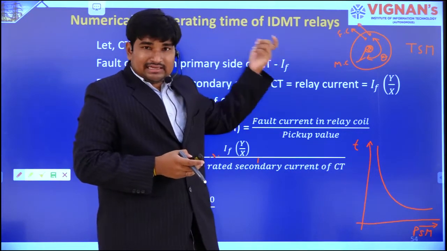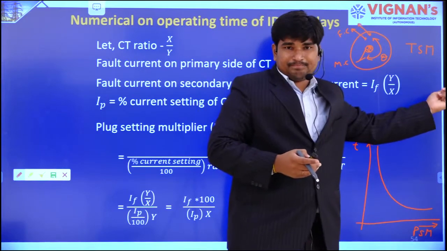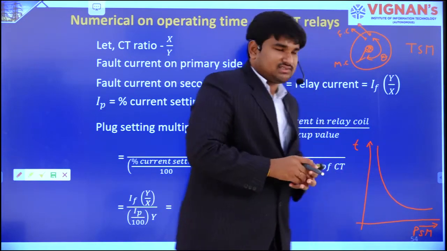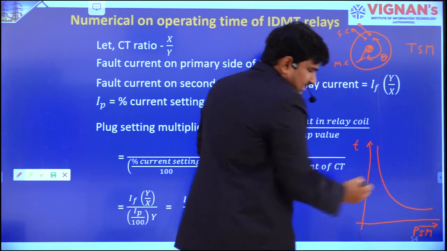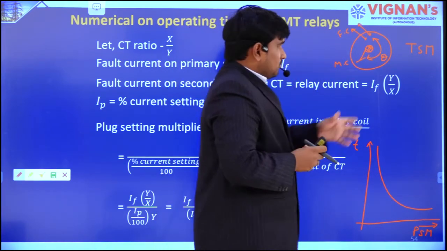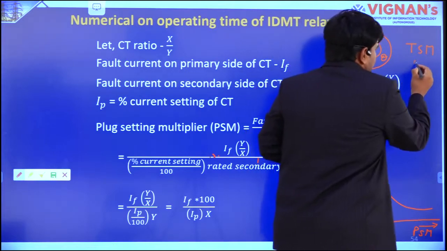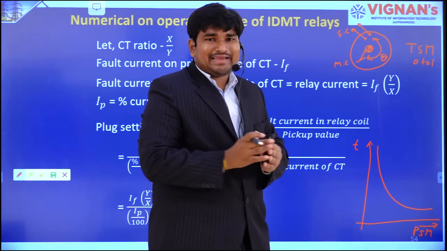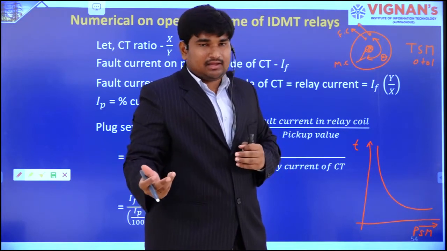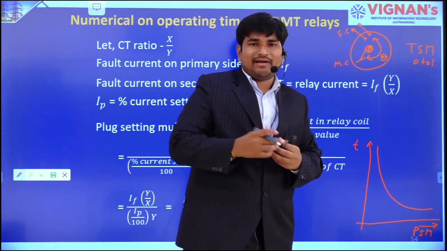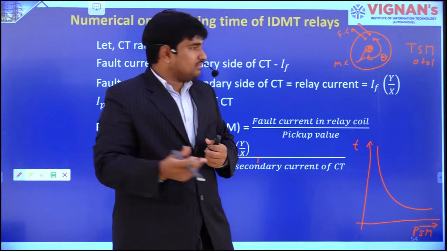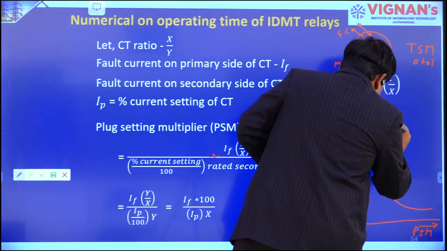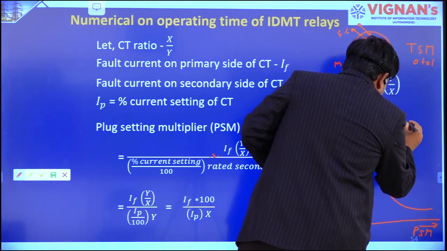With respect to TSM, the curve will also change. For example, this is for TSM 0. TSM varies from 0 to 1, right? 0 means no intentional time delay, and 1 means we are providing maximum time delay. So let this be the curve for TSM 0.